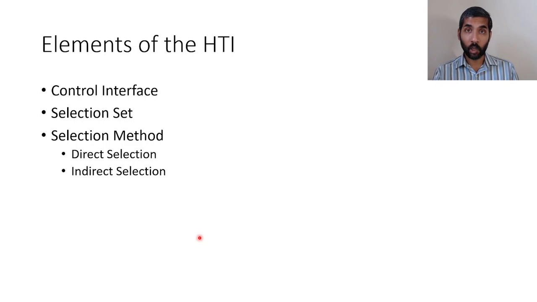And those 20 options form the selection set, right? And among this selection set, how are you going to select one of these options? So you may go directly to one of the options and click, and that's what we do in a mobile phone, for example. But in some cases, you may not be able to do that. That choice among 20 and just go and choose one may not be possible.